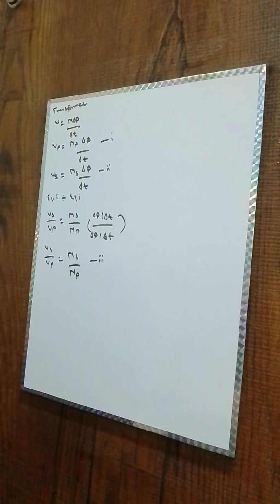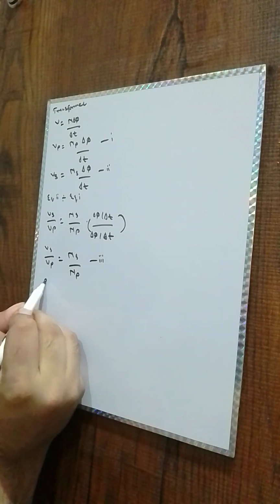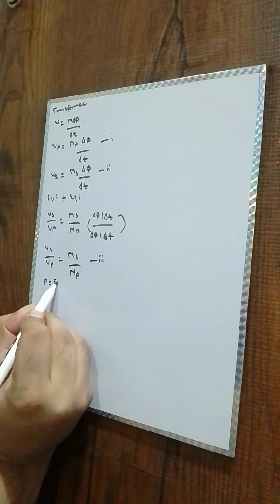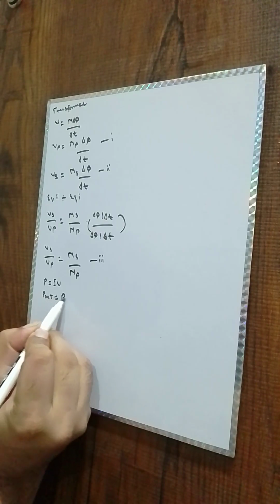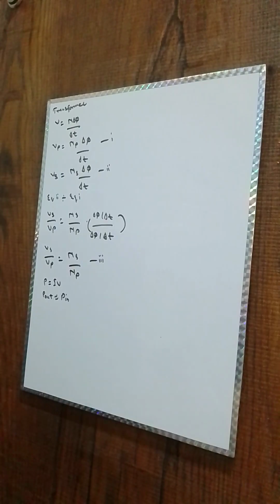We know from the basics of electricity that P is equal to IV, and P out is roughly equal to P in the system. There are some losses, practically 20%, but we can approximate.